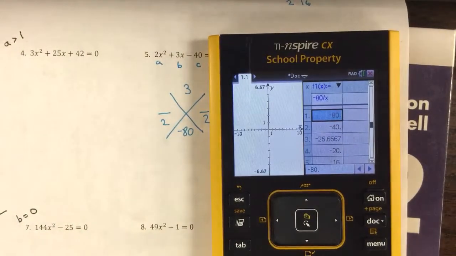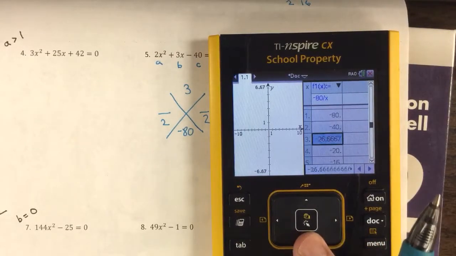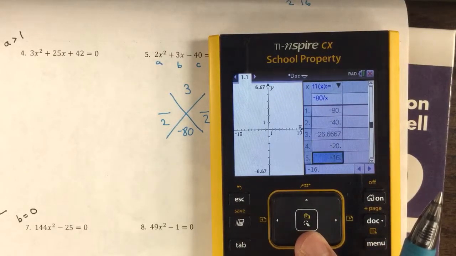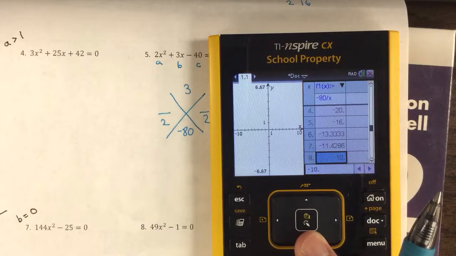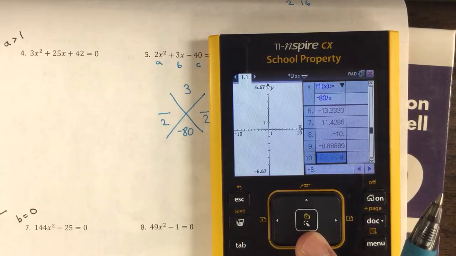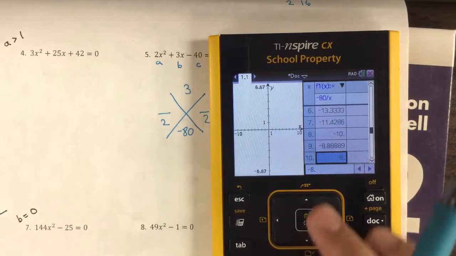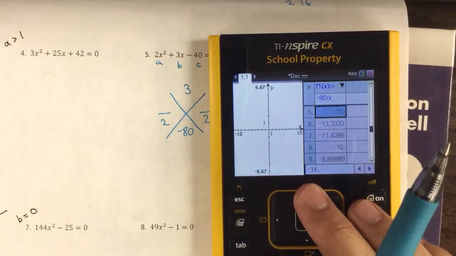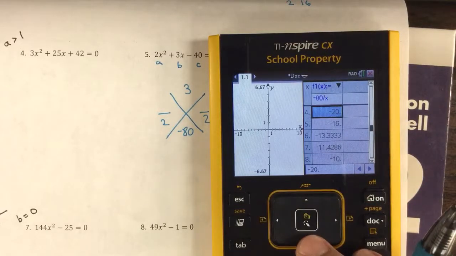Okay, so I have to do the math mentally to get 3, whether adding or subtracting. So 4 and 20 is close, 5 and 16. So actually this was a trick question because this one's non-factorable. All my factors of 80 do not add or subtract to 3.